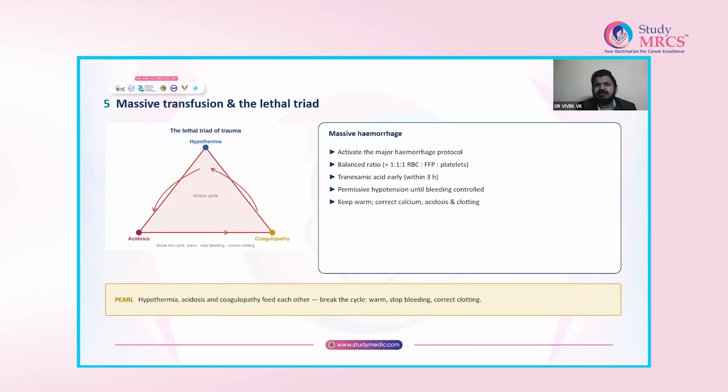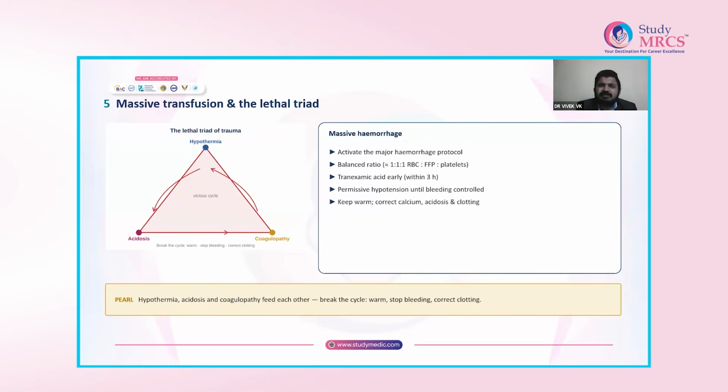Suppose a patient is having hemorrhagic shock and you are resuscitating the patient. During resuscitation, if the patient's blood pressure is raised, for example to around 140 systolic and 90 diastolic, that means the blood pressure has increased.